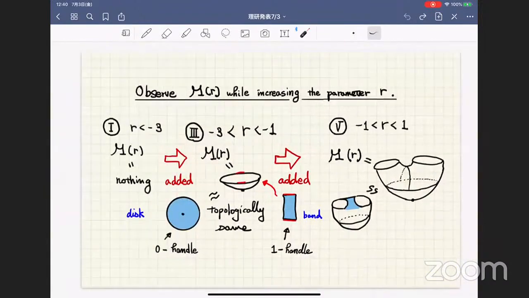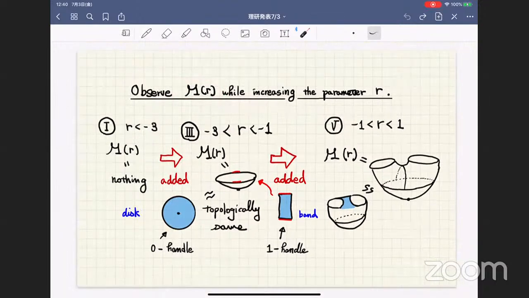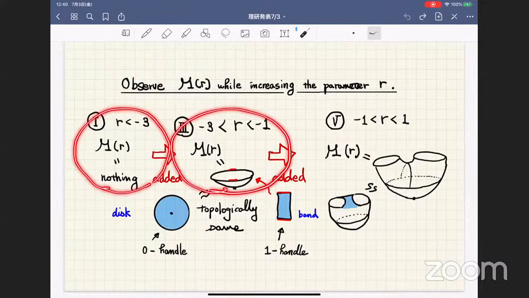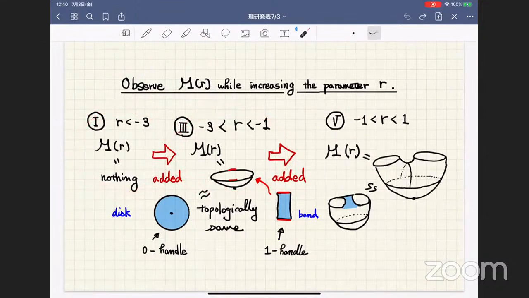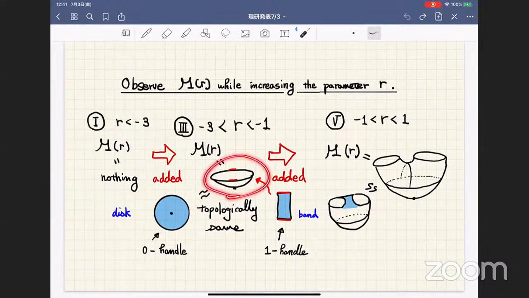Next, we observe the changes of M_r by increasing the parameter r. So what is the difference between step 1 and step 3? This cap is topologically the same as a disk. In order to explain the difference between these two spaces, we take the continuous deformation from this to this.